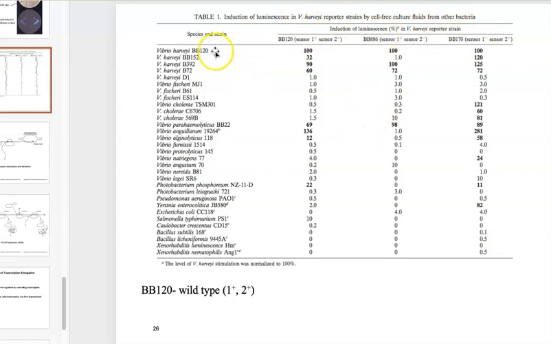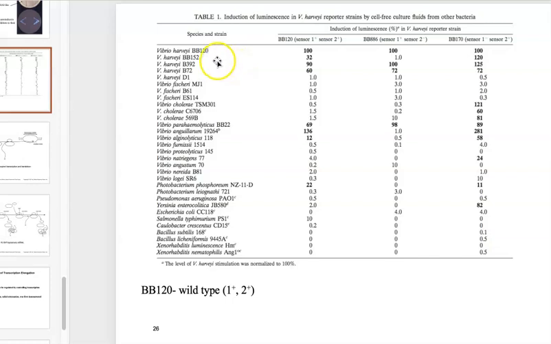Not surprisingly, if you grow up the wild type that has both systems and produces both kinds of autoinducer, and you take a bit of its cell-free supernatant and add it to each of these cultures, you get 100% activation of luminescence because BB120 makes both sensor system autoinducers.